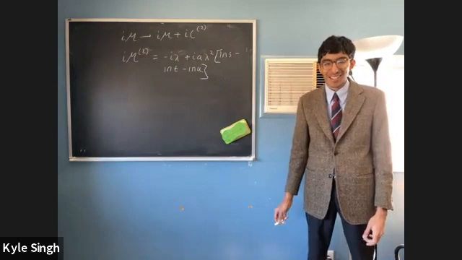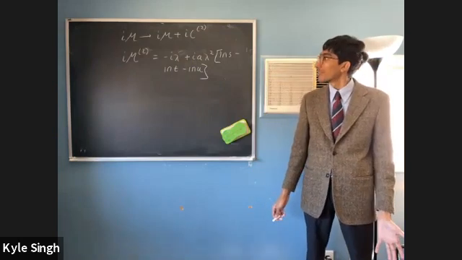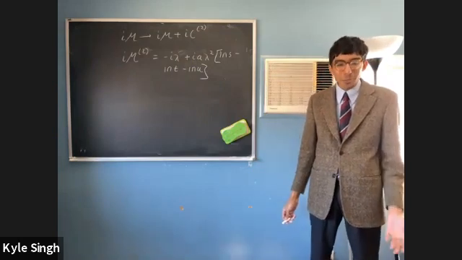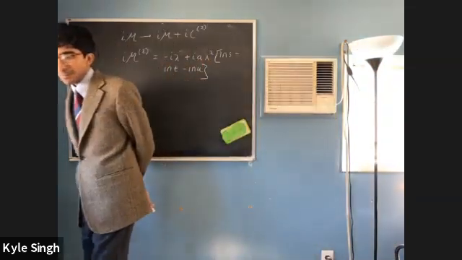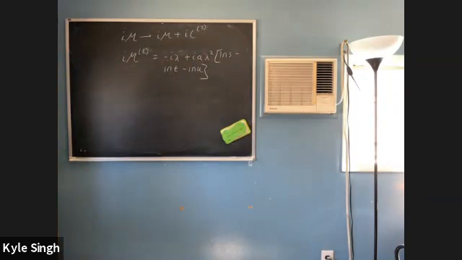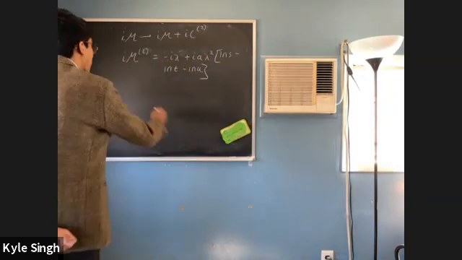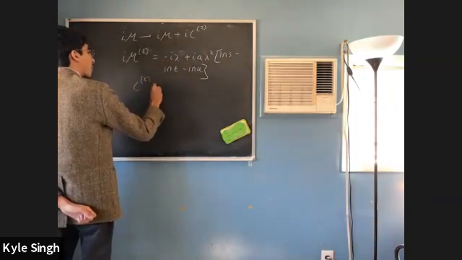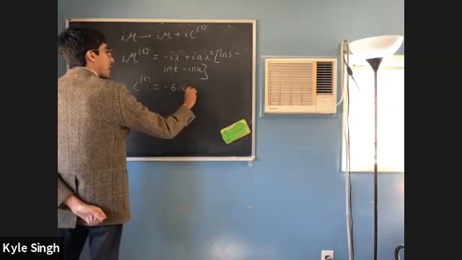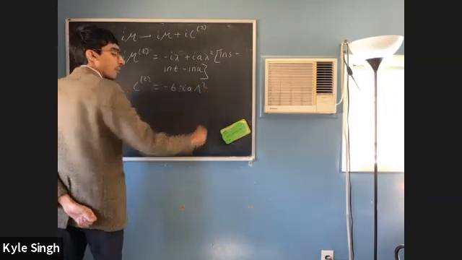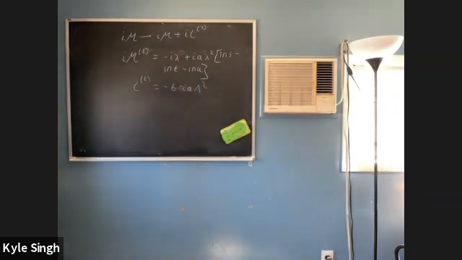Okay, that seems good. That's what we wanted. So that is the, and I'll just write this down again. What was the counter term we wrote down? Minus 6 IA lambda squared. Okay, so just work that out on your own and make sure that that makes sense to you.